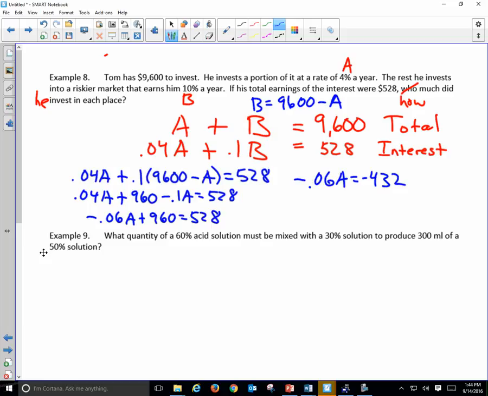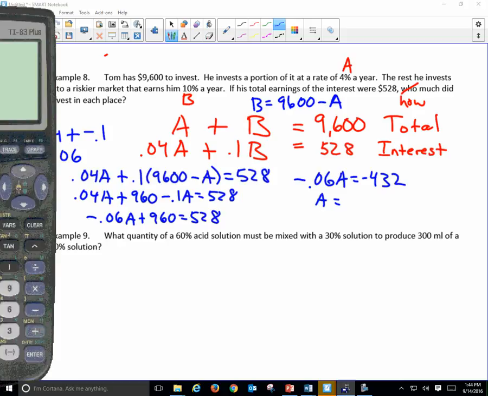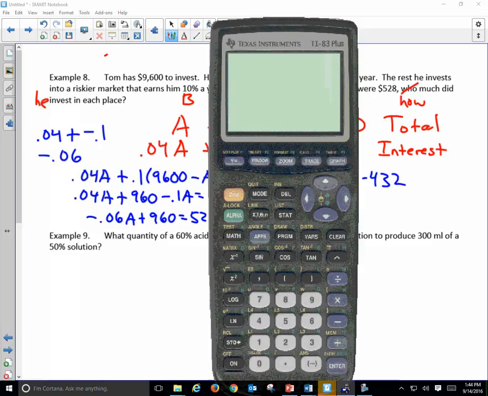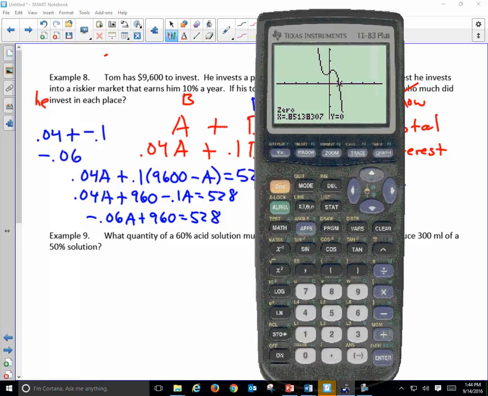Divide both sides by negative 0.06. Okay, 0.04A and negative 0.1A. We take 0.04 plus negative 0.1. That makes negative 0.06. All right? Okay, we'll try again.